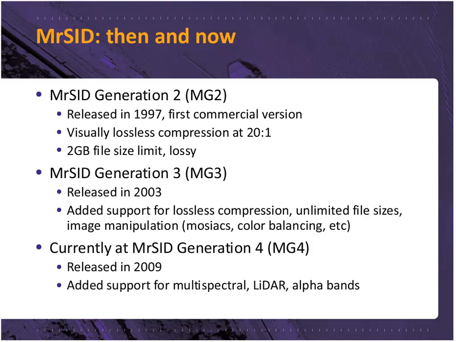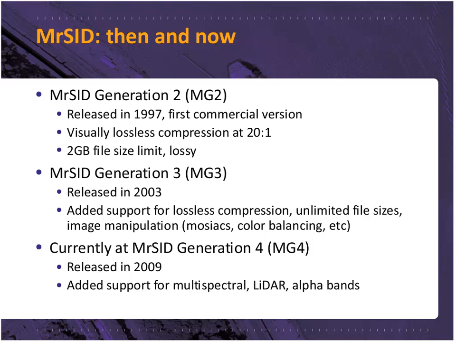And basically, for those of you that are unfamiliar with it, like I said, it allows a very high compression ratio while also having a visually lossless quality to the imagery. You could look at the two side by side and not realize which one's the compressed one and which one's the original. That existed in MG2, but in Generation 3, we built upon that and added support for lossless compression as well as unlimited file sizes.